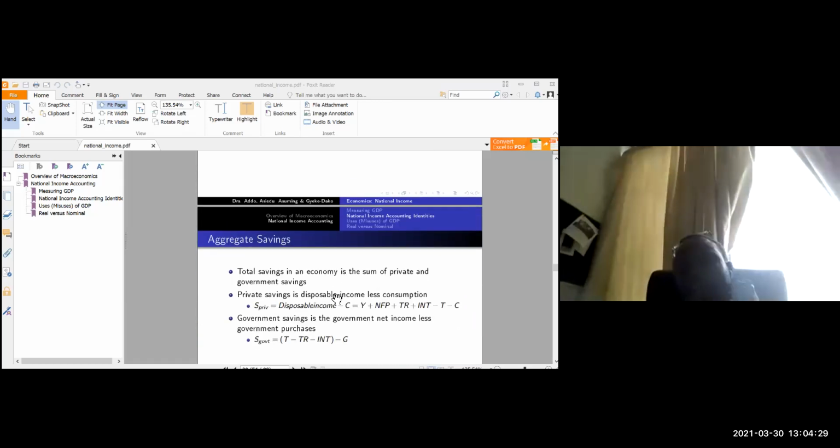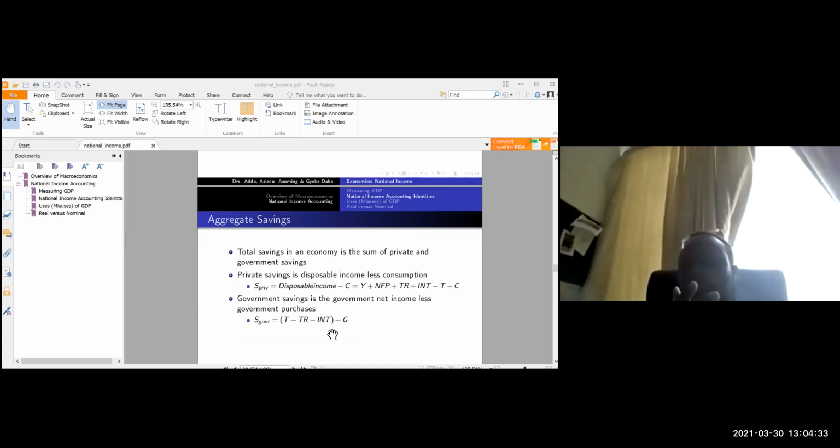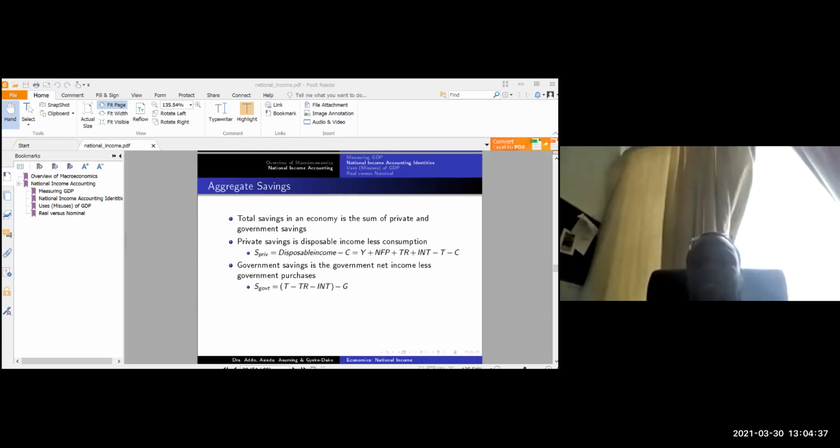All right, what is government savings therefore? How would that translate into government savings? Government savings is government net income less government purchases, government spending.